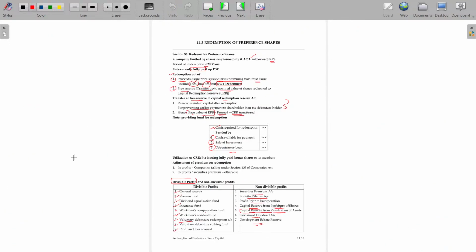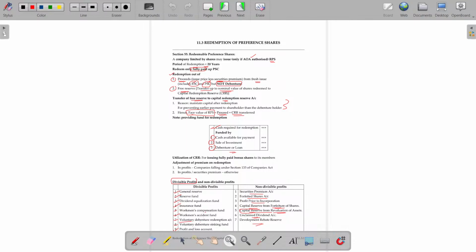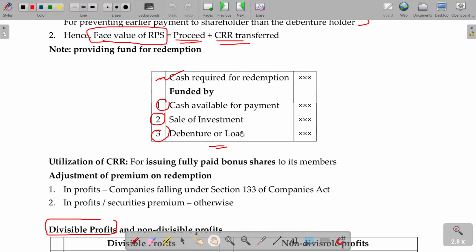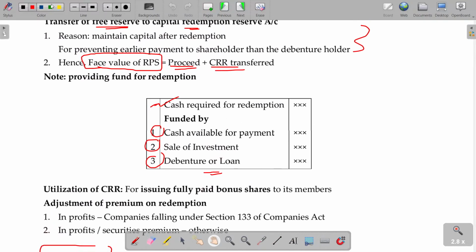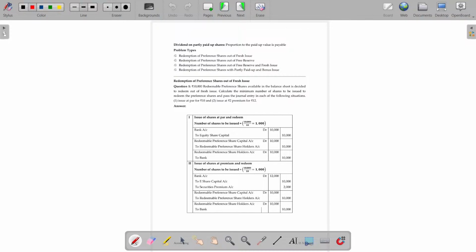That's the main condition you have to understand. Clear? Here proceeds being 10,000 rupees and face value being 10,000, CRR transfer becomes 0. Is that okay? Next one is cash requirement.